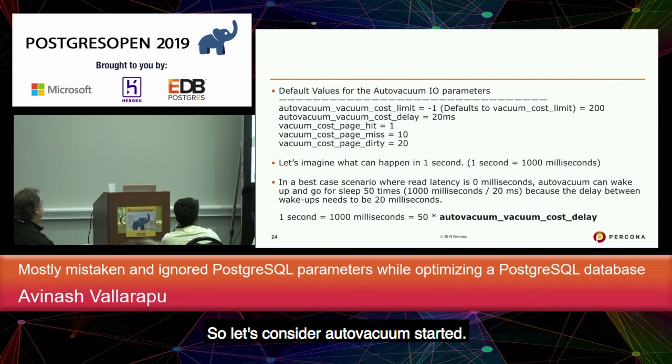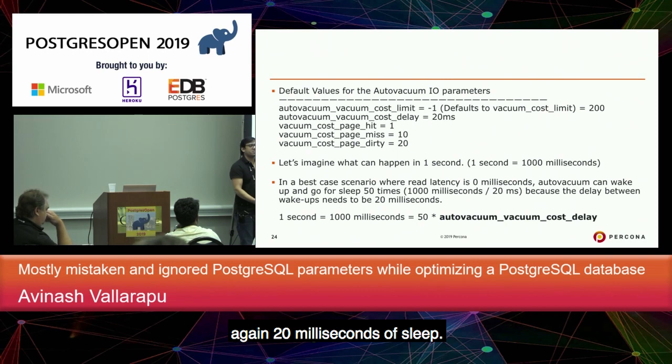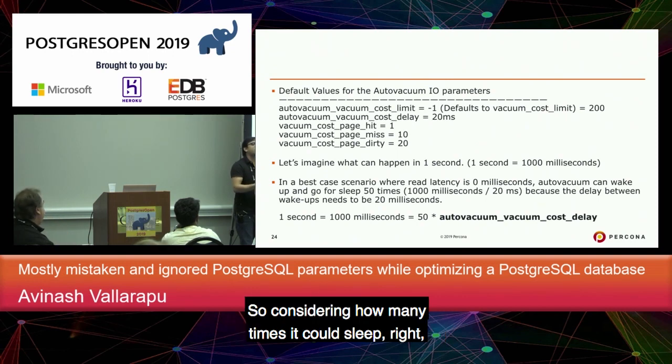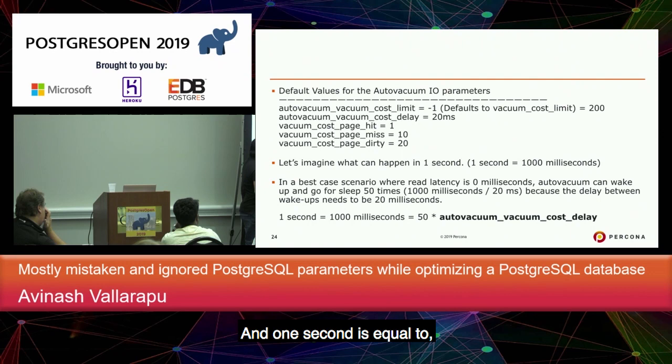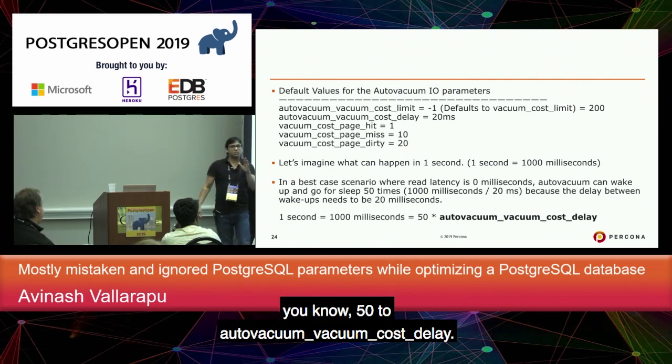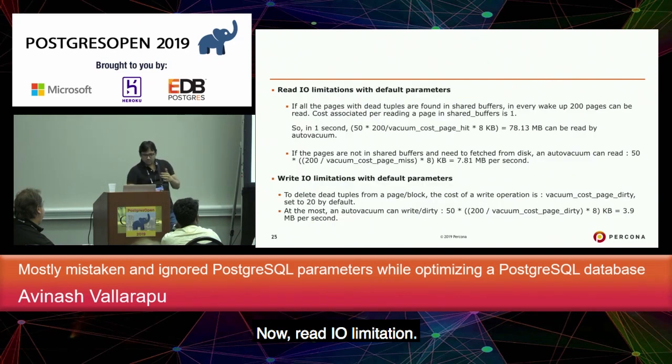So AutoVacuum started, it reached the cost, it sleeps for 20 milliseconds, again starts, reaches the cost, again 20 milliseconds of sleep. So it could sleep 50 times in 1 second, at the most. And 1 second is equal to 50 times AutoVacuum vacuum cost delay.